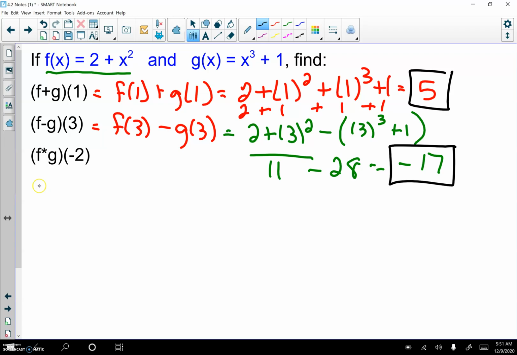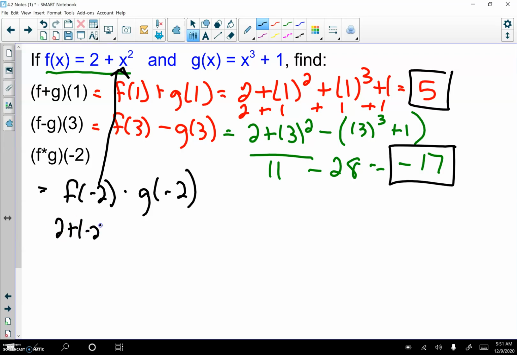And then the last one here, f of negative 2 times g of negative 2. If I plug in a negative 2 here, I'm going to get 2 plus negative 2 squared. And if I plug in a negative 2 here, I'm going to get negative 2 cubed plus 1.